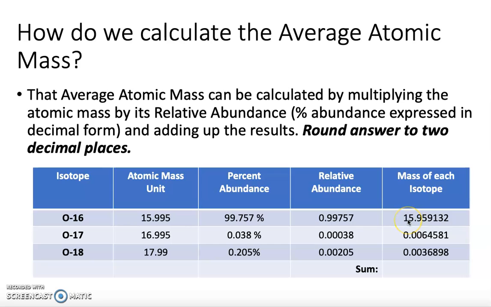This is a big number and these are small, because the relative abundance is higher. Obviously, it's mathematics. Then we add up the results of these 3, and we get 16. And that is the mass that's associated with oxygen on the periodic table, or very, very close to it.